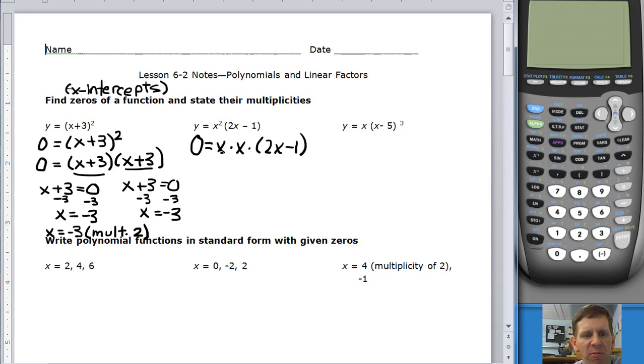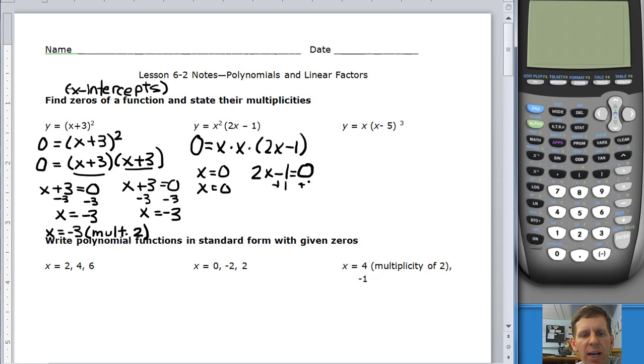In the first case, we could have this first x equals 0, we could have the second x equals 0, or we could have this 2x minus 1 equals 0. So we're going to solve this equation and figure out what x would equal to make this 0.